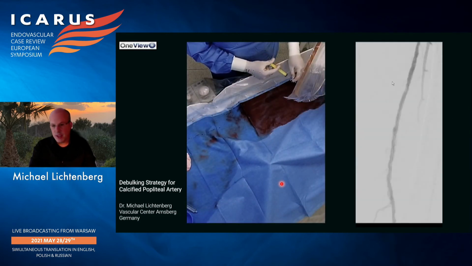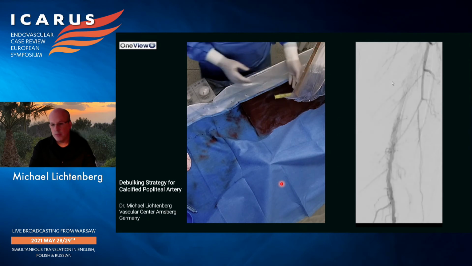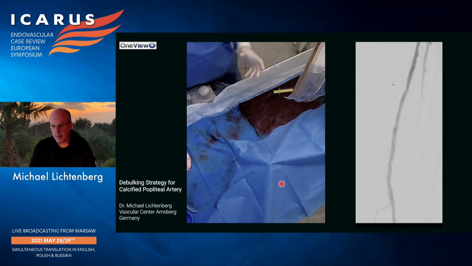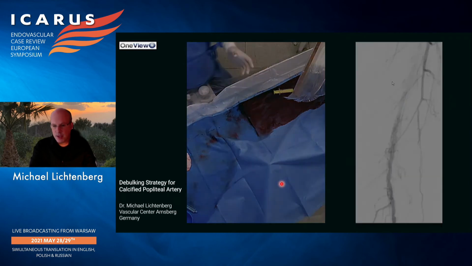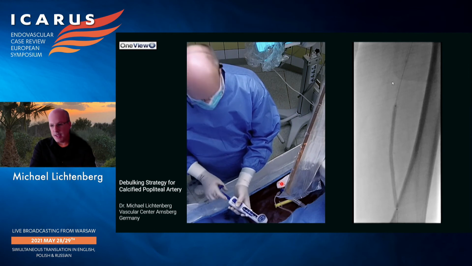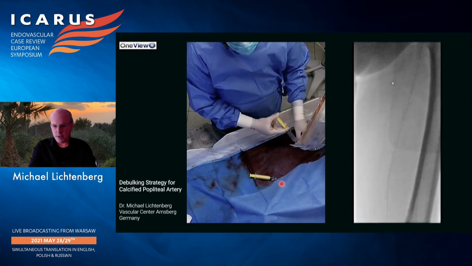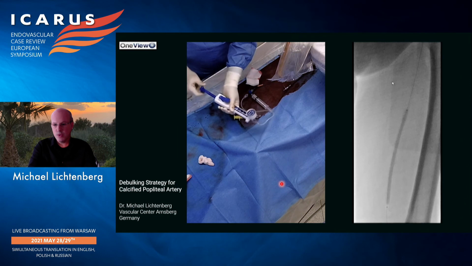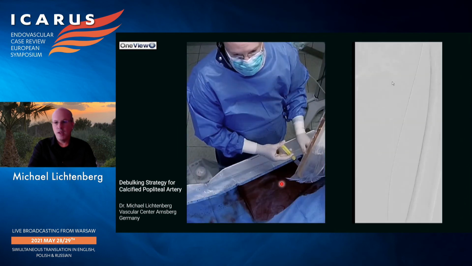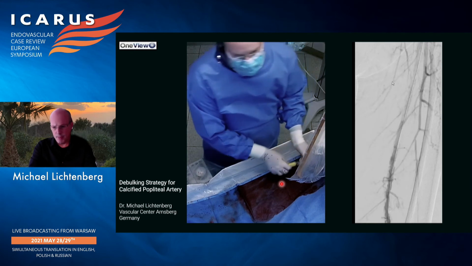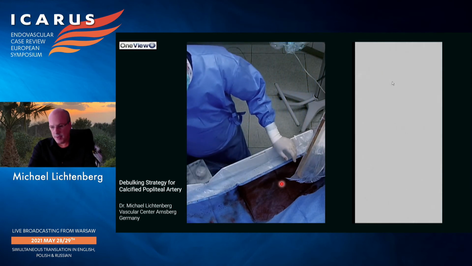And this, unfortunately, led to more or less severe dissection in the middle part of the SFA, meaning that the scoring technology did not improve compliance as much as the atherectomy with the CSI system did. Of course, also here I used DCB angioplasty. This was a Lutonix drug-coated balloon, and here's the second one. So we DCB'd the whole SFA tract, but we still had that remaining dissection in the mid-SFA.